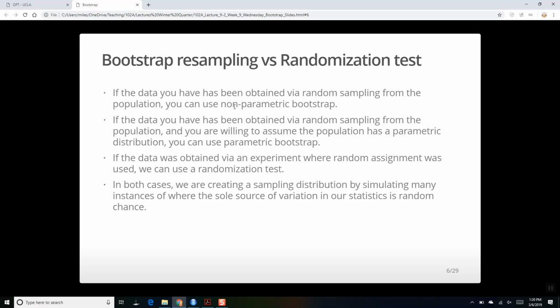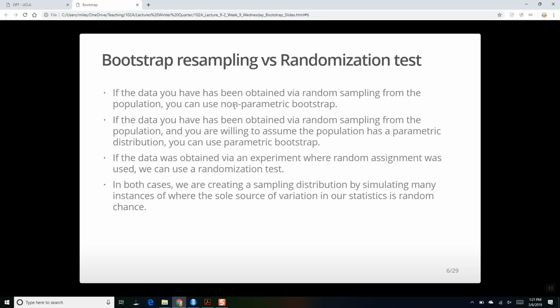You're going to say, my data was obtained via random sampling, therefore it should be representative of the population. I'm going to make these distributional assumptions, but to specify my distribution, I need a parameter, and because my random sample should be representative of the population, it should be safe to use my sample's mean or my sample's rate or my sample's whatever statistic as the parameter of the population. That's parametric Bootstrap.